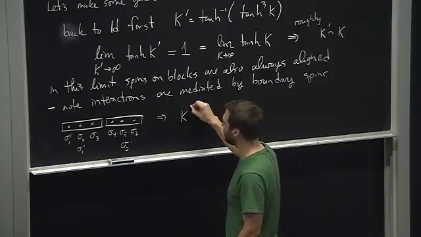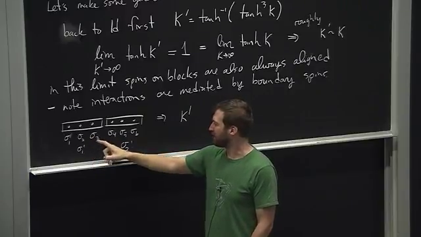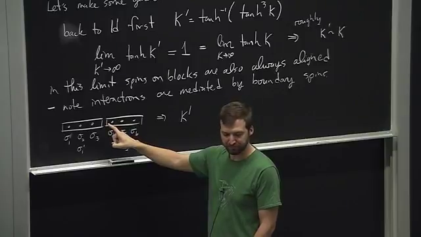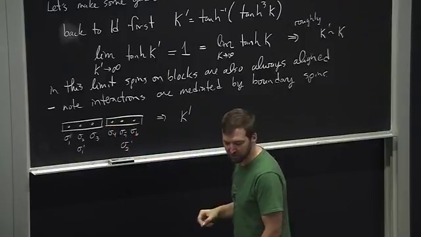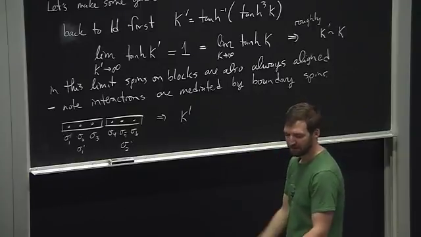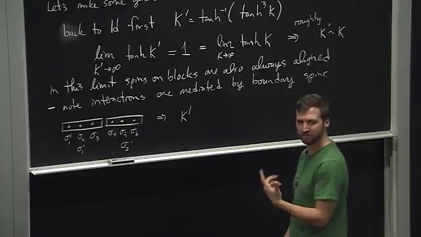So K prime was somehow, right? So K prime was the interaction between 3 and 4. But now I'm taking the trace over 3 and 4, but 3 and 4 are essentially, because of the temperature, in a high probability, they're in state 1.